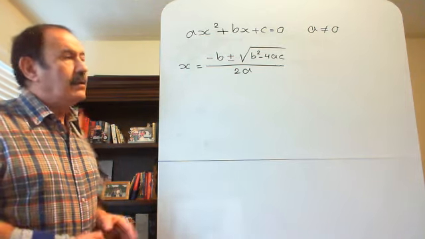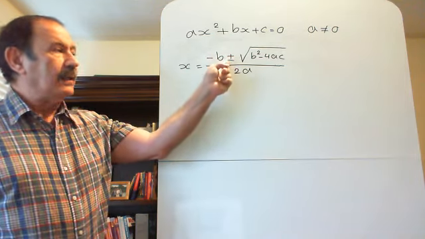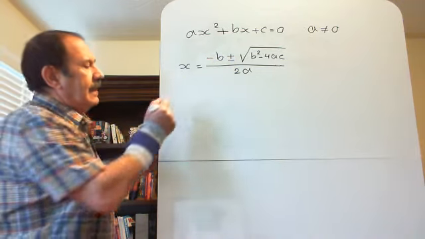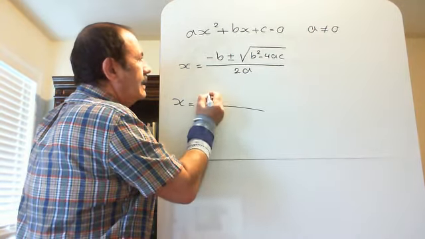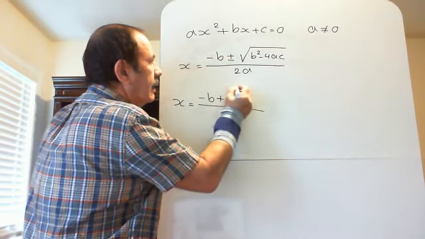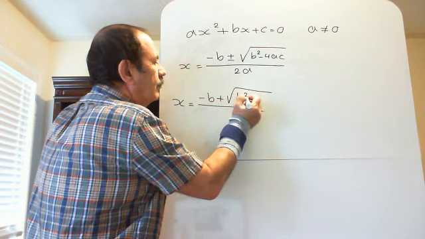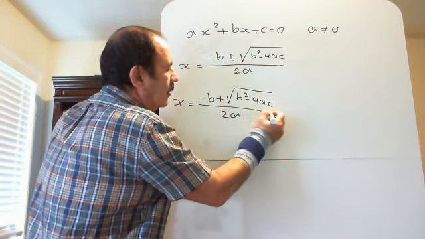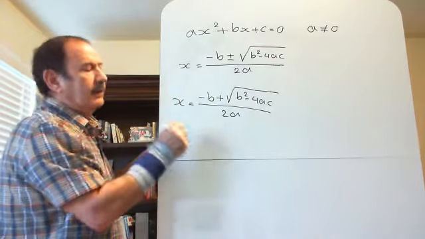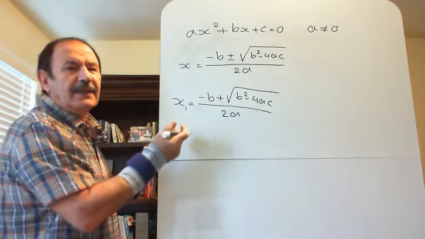How do the two answers come about? Look at this plus and minus. If we write it as x equals minus b plus the square root of b squared minus 4ac over 2a, this is going to be one answer that we can call x1.